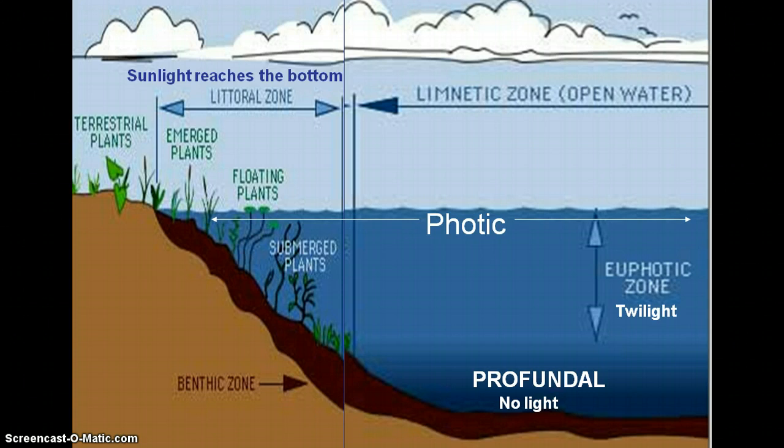Then as you go deeper in the lake, and yes, a lake can have these three layers, where do you head to? Twilight, which is called the what zone? Dysphotic. And then as you head to the deepest part of the lake, it's called the what? Profundo, and if you describe the light of the profundo zone, aphotic, or no light. If I was to ask you, does the littoral zone have a benthic zone? Yes. Everything has a benthic zone.